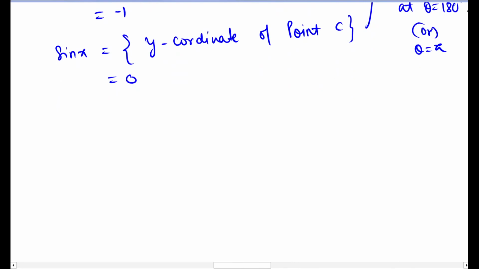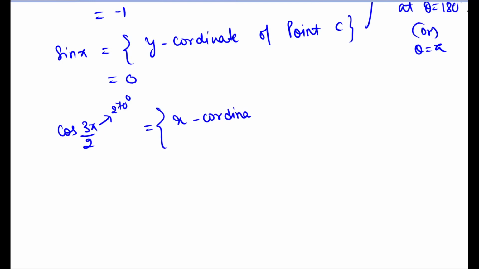Next we have cos 3 pi by 2, or we can call it 270 degrees, which is equal to the x coordinate of point D, which is equal to 0.